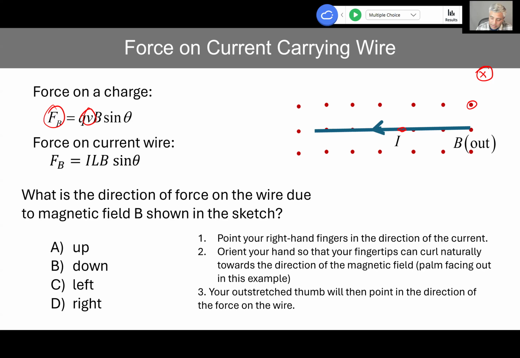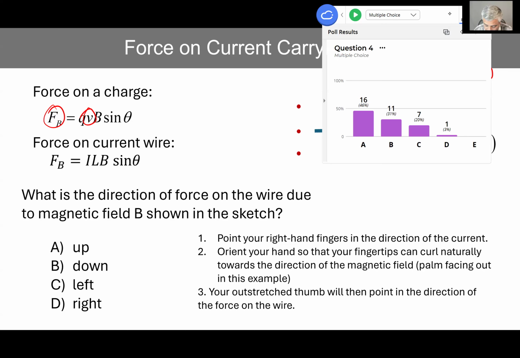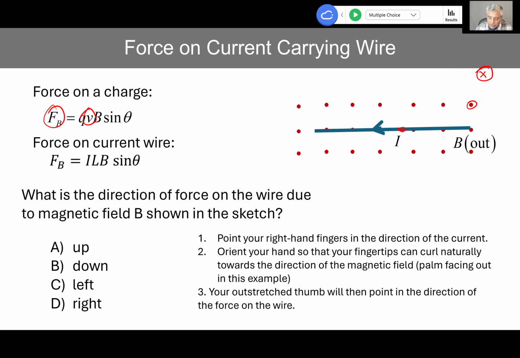Okay, let's see how we did here. There is still some confusion. There are a bit more votes for up than B. When I point my fingers to the left, see, the current is going to the left, so I need to point my fingers to the left. And then the palm should be pointing towards you if you are looking at the vertical screen, because the magnetic field is out, meaning it's coming towards you, right?